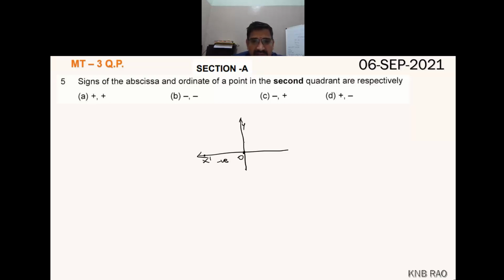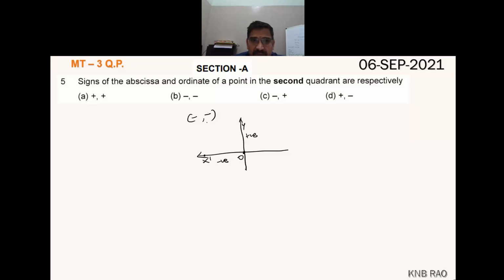See, here in the second quadrant, you could observe the negative part, that is OX dash, and the positive part OY. Since we have the negative part of the x-axis and positive part of the y-axis, and we always write the x coordinate, that is abscissa, first, its nature is negative and the ordinate's nature is positive.